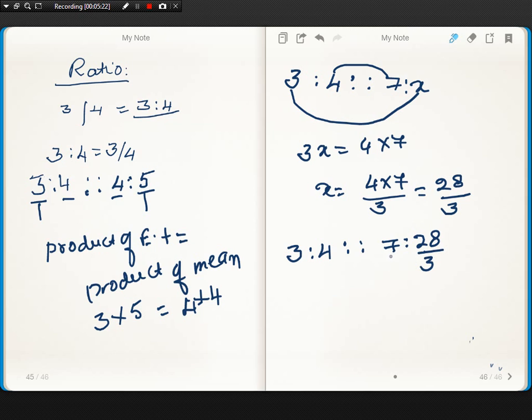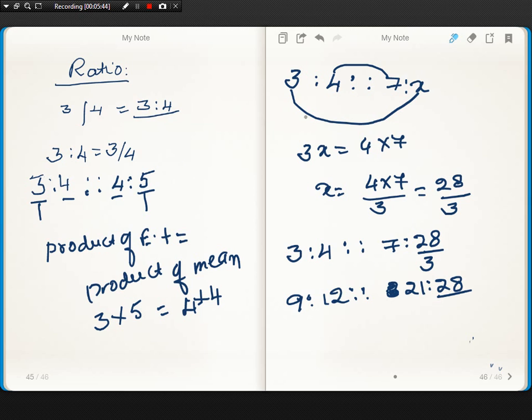Then 9 is to 12 and 21 is to 28. Now the fourth proportion is 28 by 3, or else we can go for 28.